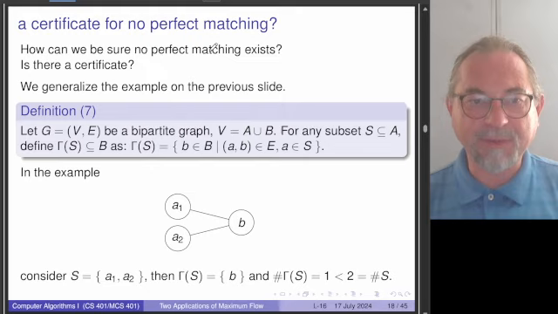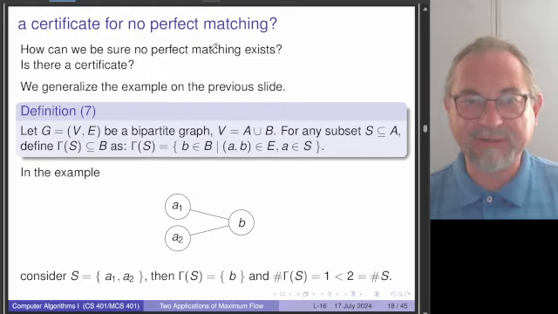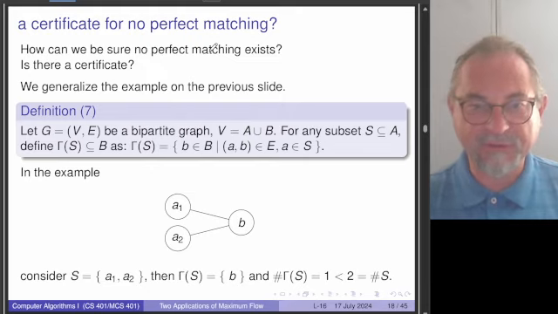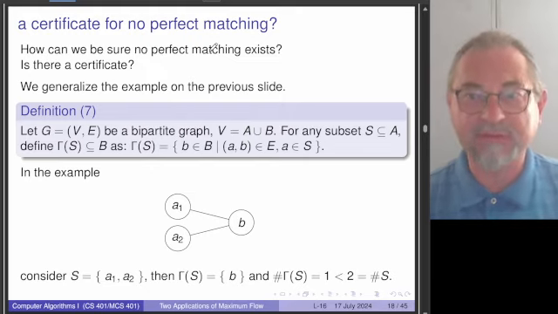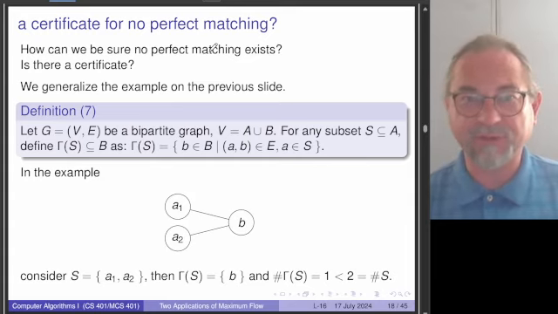So the certificate is the set of workers, the first set, and they are connected to the same vertex, so the cardinality is strictly less than the subset you began with. That will be your certificate.